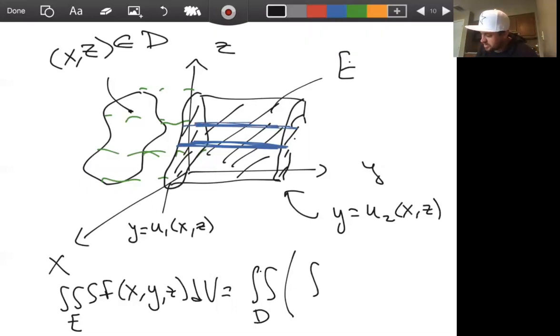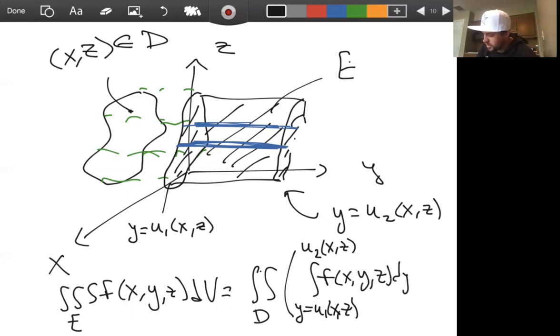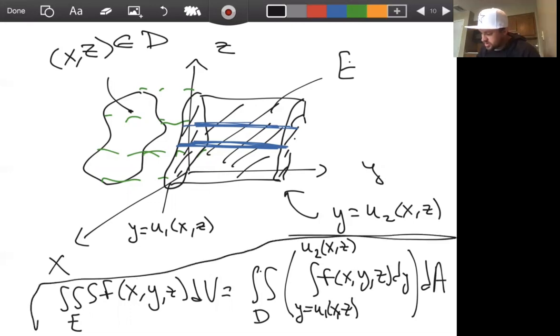These bounds, y is bounded below by some surface given by u1 of xz, and bounded above by another surface given by u2 of xz, and then f of x, y, z dy, and then dA, right? And so here's another way we could set up an integral over a generalized region.